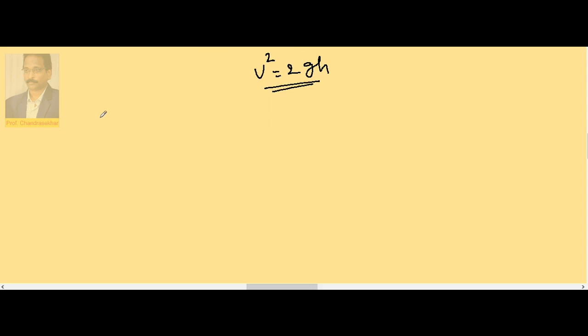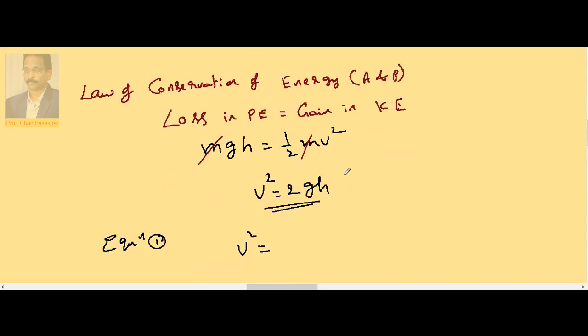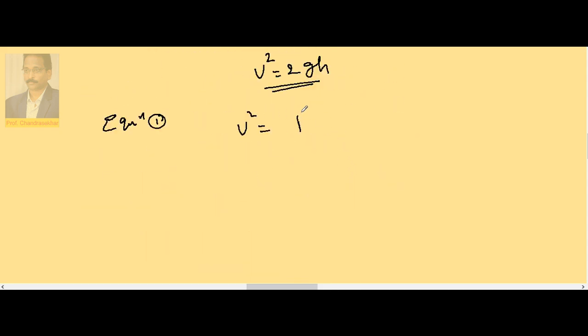So the first equation is v square is equal to rg cos theta. Now in place of v square, substitute 2gh, and for cos theta substitute the value r minus h by r.